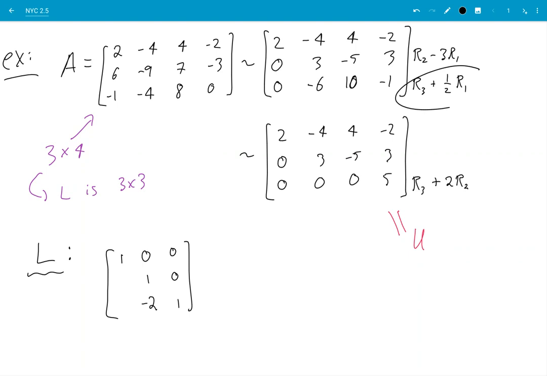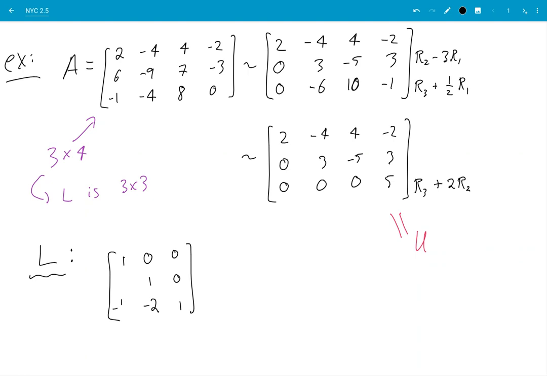Next operation, this one. It's going to give me a minus half down in the bottom left. And then finally a plus 3 from this minus 3 here.